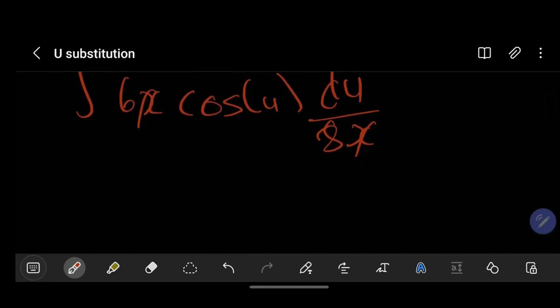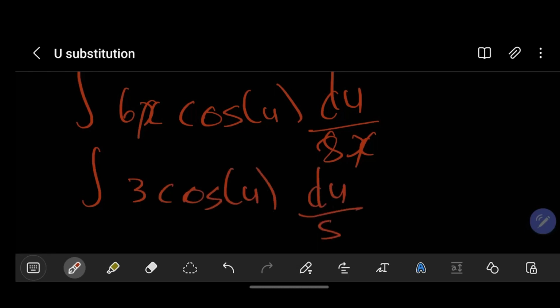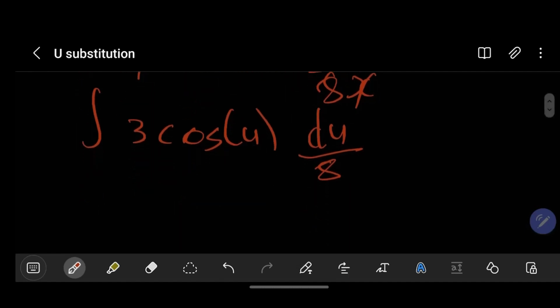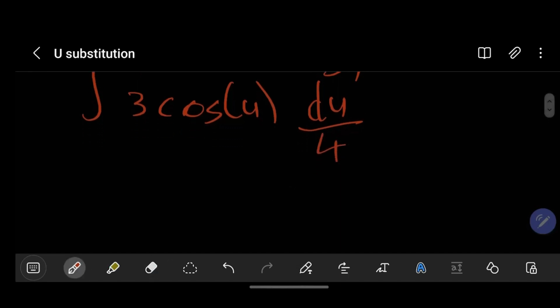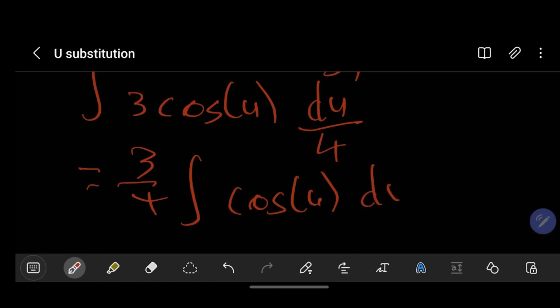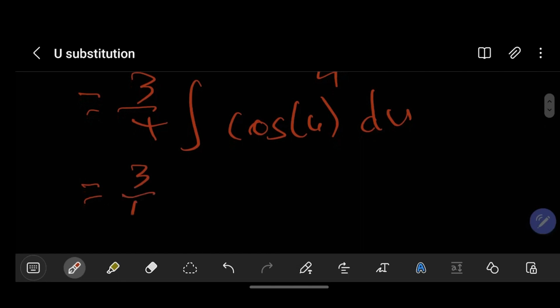So we would now end up with the integral of 3 cos of u du over 4, and that is now equal to 3 by 4 times the integral of cos of u du.